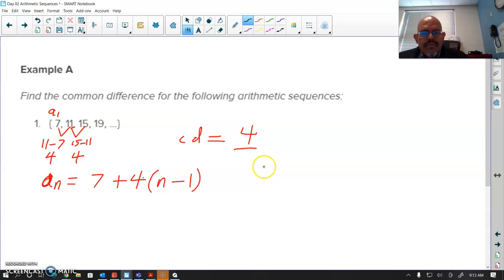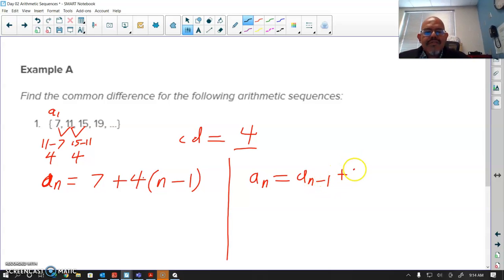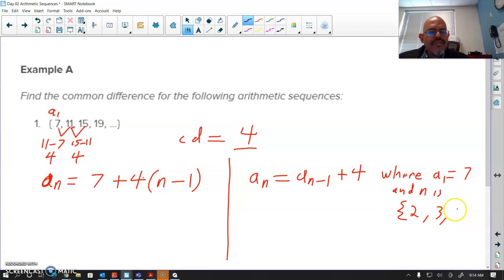Now we want the recursive. So recursively, that's going to be a sub n is equal to a sub n minus 1 plus 4, where a sub 1 is equal to 7 and n is 2, 3, 4, dot, dot, dot.